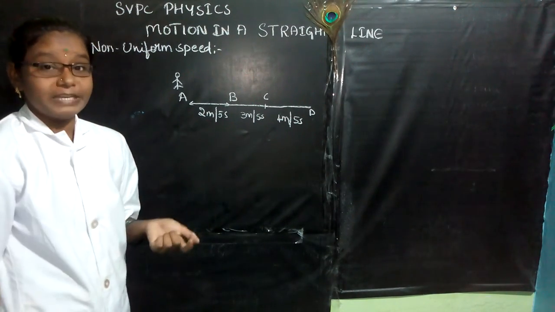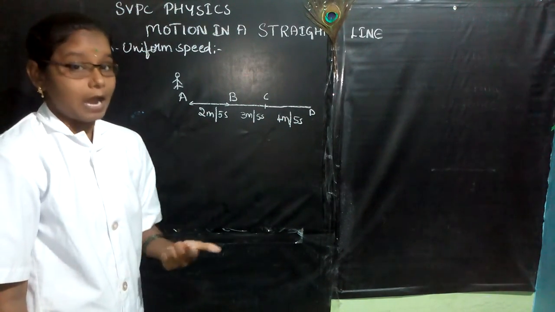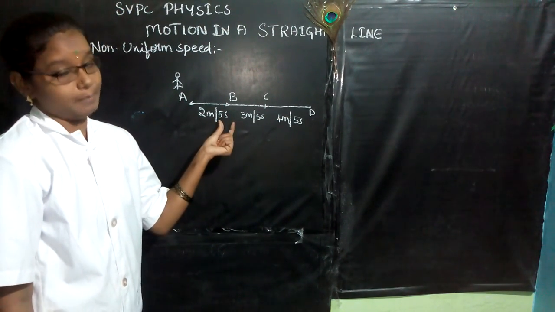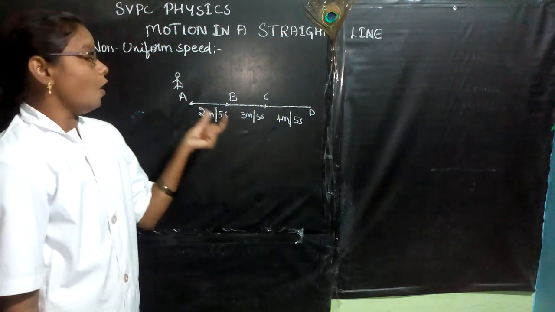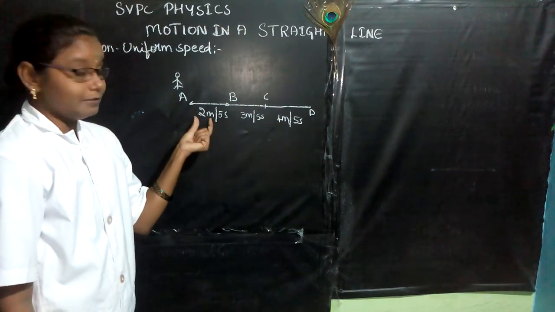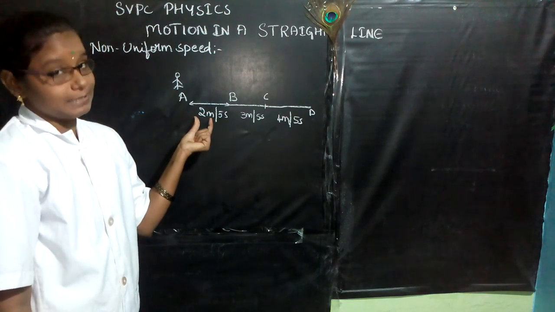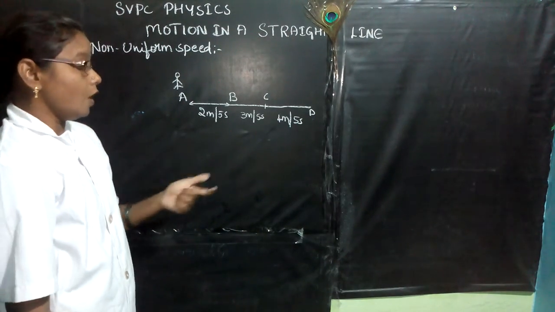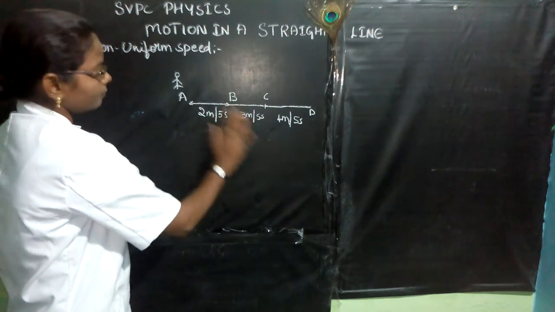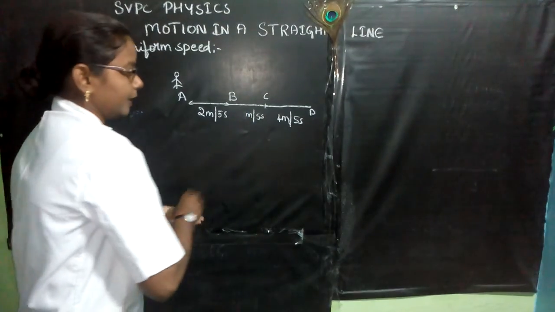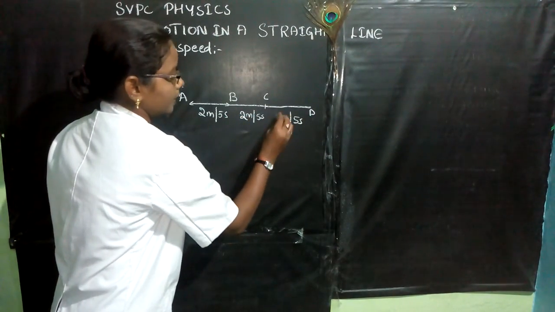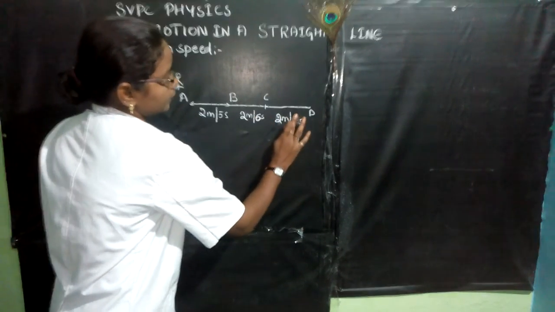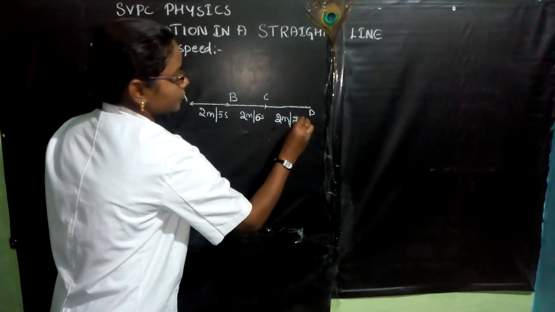So if a car or a man covers unequal distances in equal intervals of time, that's called non-uniform speed. Or I can say it like this also: 2 meters, and even here also 2 meters, but instead of 5 seconds, here he took 6 seconds, and then 7 seconds.